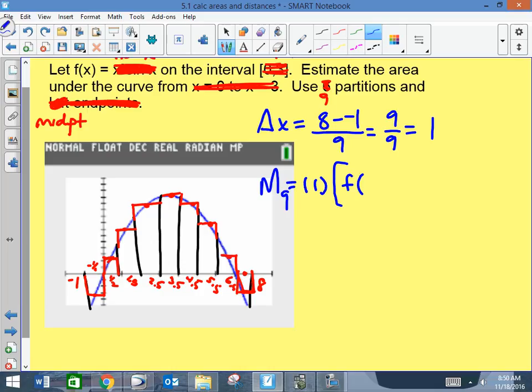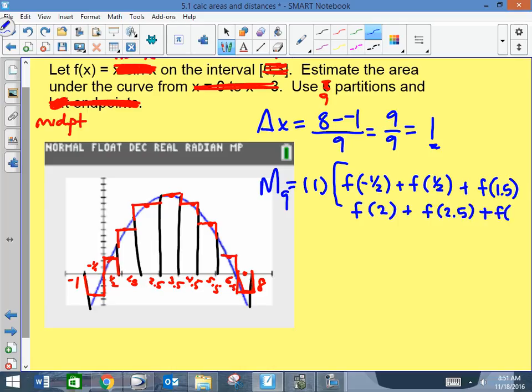Okay. f of negative 1/2. f of 1/2. These are all 1 apart. f of 1.5. f of 2. f of 2.5. f of 3. f of 3.5. Wait, why are we just doing half? I thought we were doing by 1. They're by 1. No, they're not, because you did. Oh, duh. 1/2 to 2.